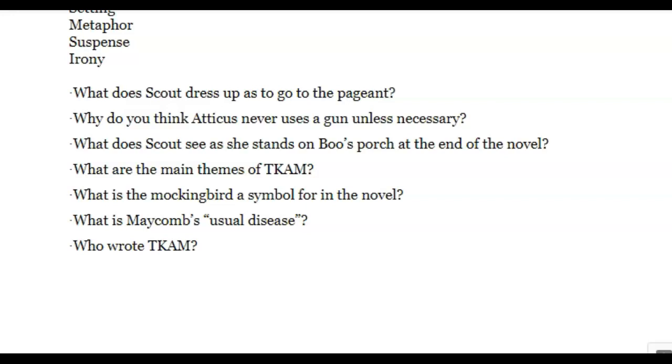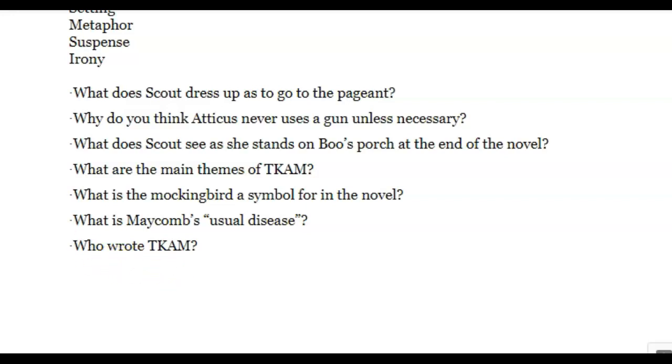And then this isn't on your study guide, but who do you think are the two main characters that represent the mockingbird? Yeah, you're right. It's Boo and Tom. What is Maycomb's usual disease? It is racism and prejudice.